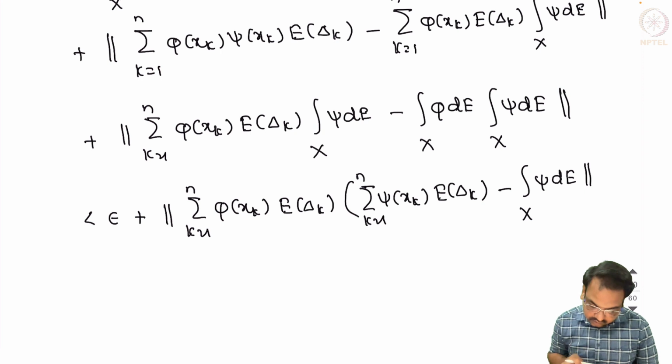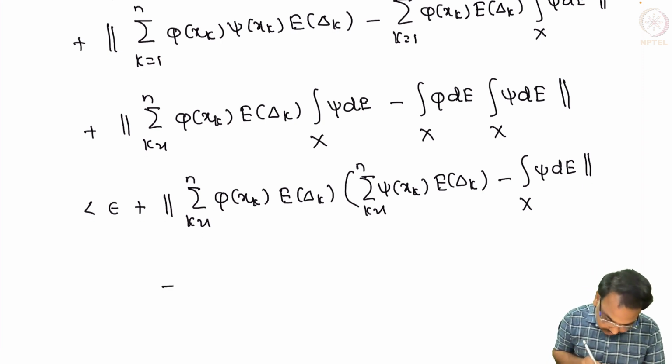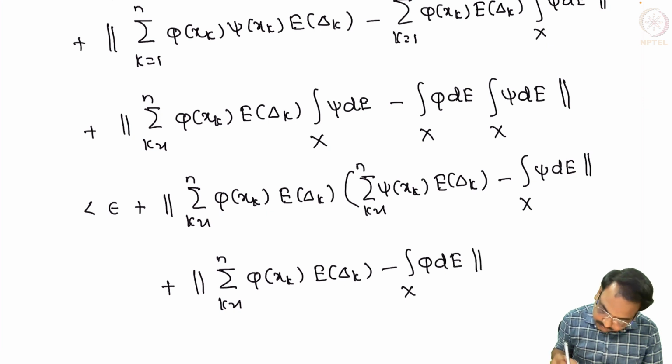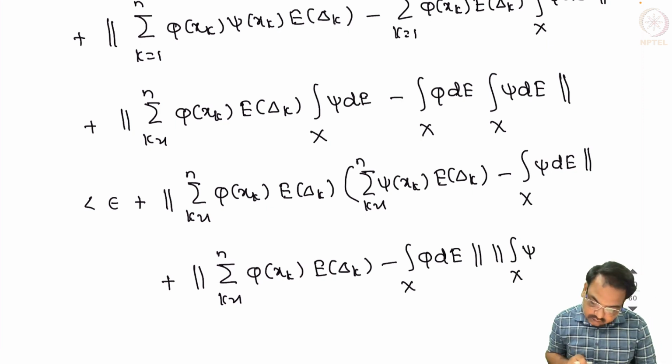Now using that we can get this, and the last term you will get summation k equal to 1 to n phi(xk) E(Δk) minus the integration over X of phi dE, times the norm of the integral over X of psi dE.